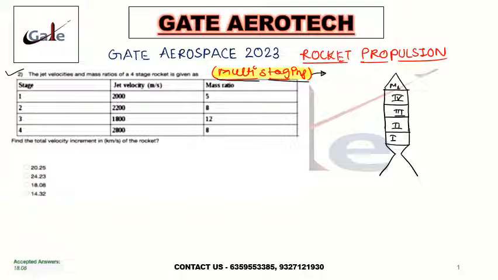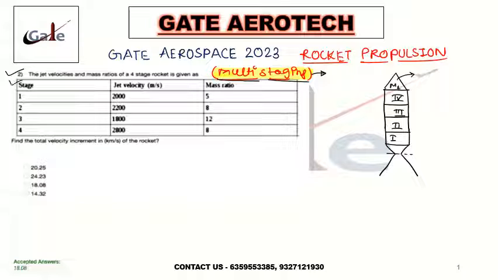Let's say we have this kind of rocket with a CD nozzle, and this is the payload section of the rocket. Now let's read the question. The jet velocities and mass ratio of a 4-stage rocket are given.